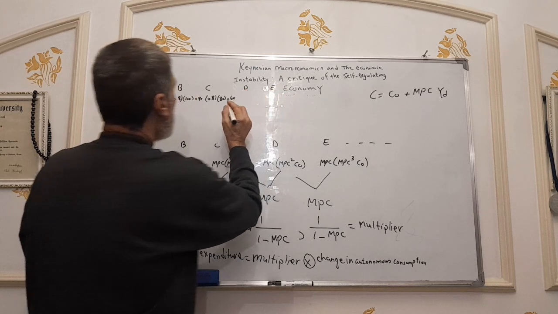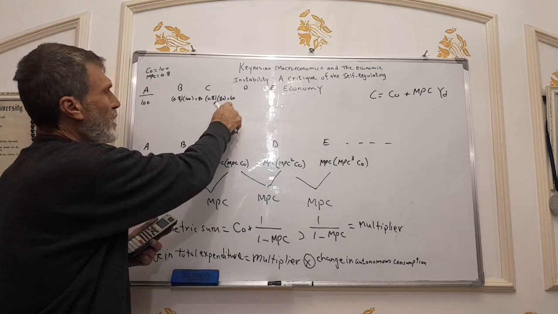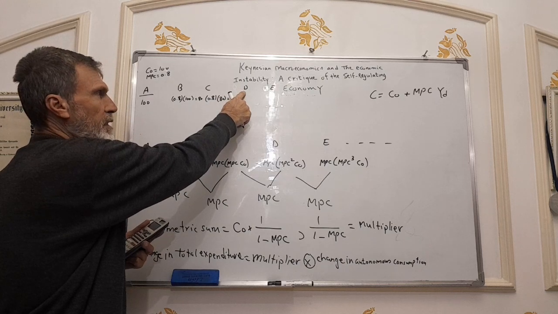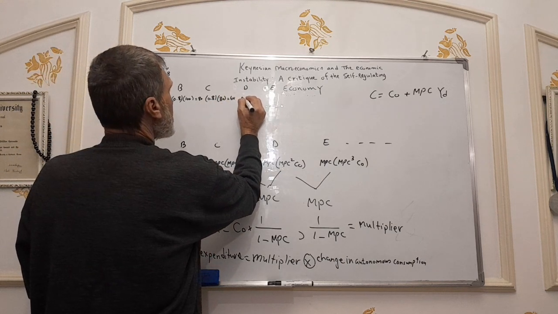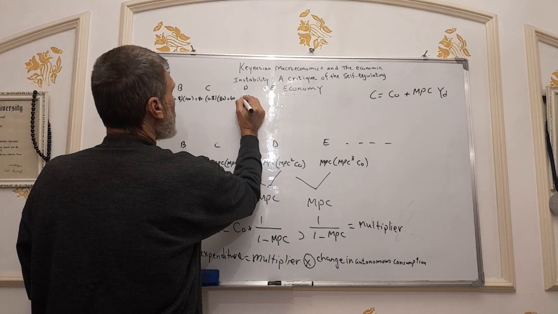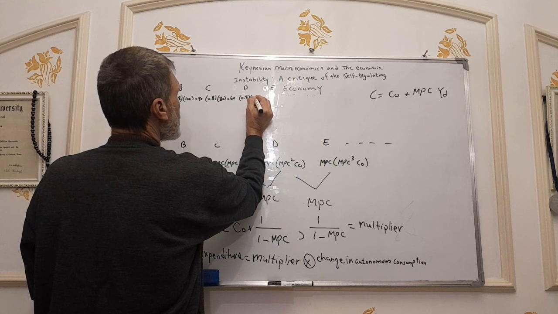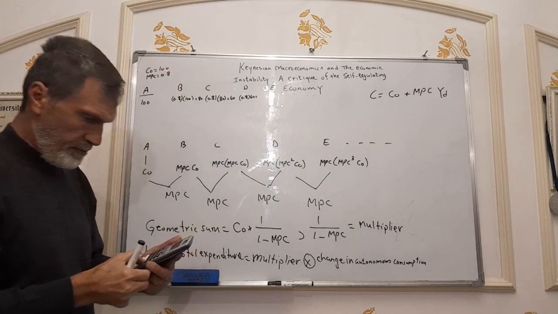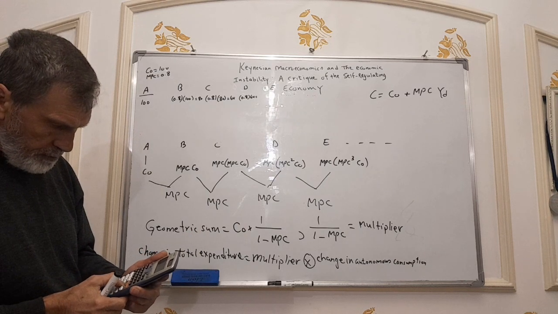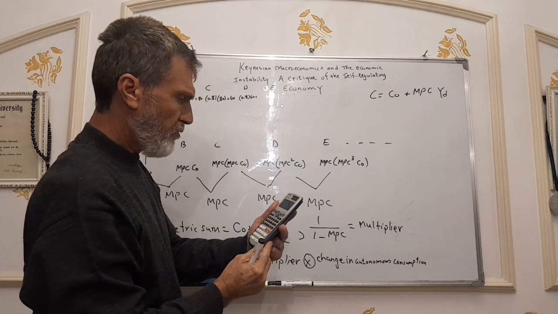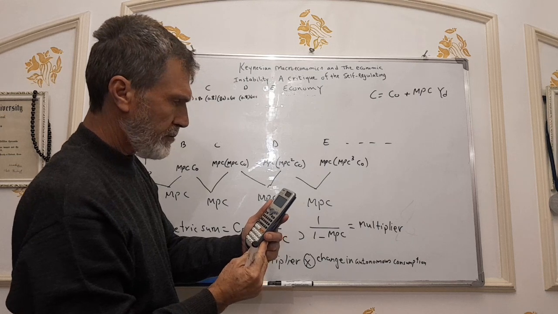Now 64 becomes an income to D. Now D will spend 0.8 of 64.